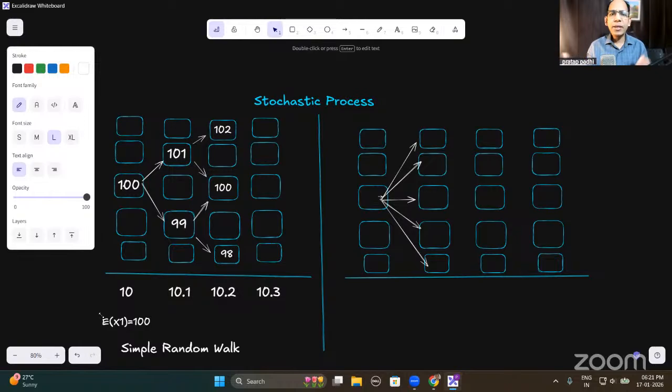My exact wealth and expected wealth are the same. What about here? E of x2, expected wealth here. Because x2 can take the values 101 and 99, what are the probabilities? It's not that the probabilities are always 0.5, 0.5.